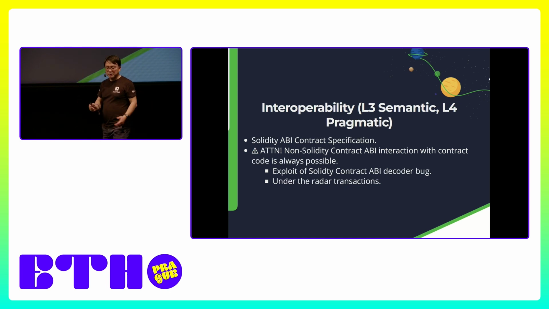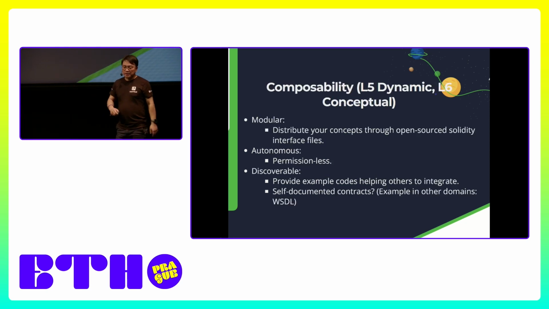Actually, you can send even under-the-radar transactions that a block scanner wouldn't be able to decode, because you can totally bypass the ABI decoder. And there might be, well, I don't think there is, but there could be a decoder bug in the Solidity contract ABI decoder, right? That's just something good to remind yourself of when you look at this layered approach. The last interesting part will be composability.